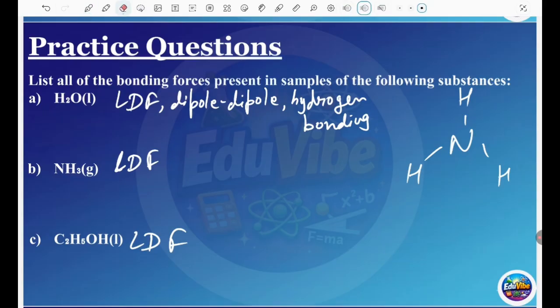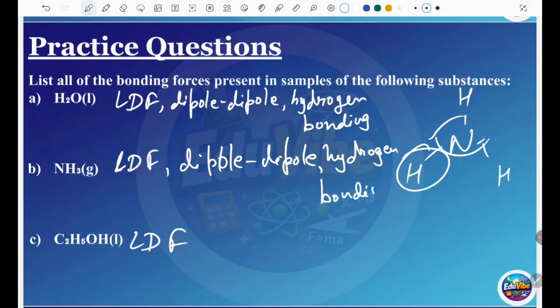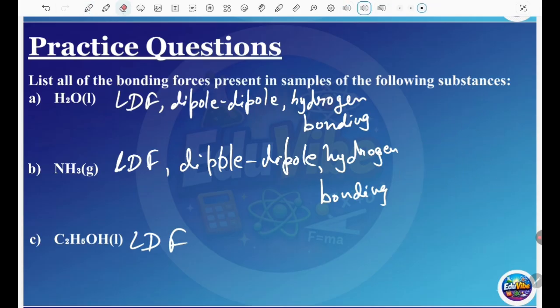So this means this is LDF, and we have a dipole too. And the hydrogen is connected with the N. So this means this also has hydrogen bonding. So at last we have LDF in this.